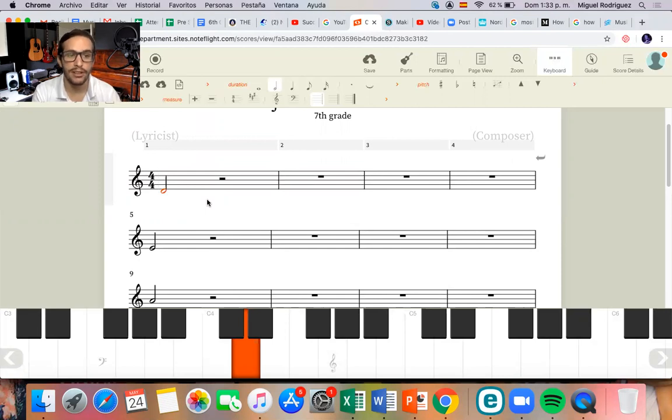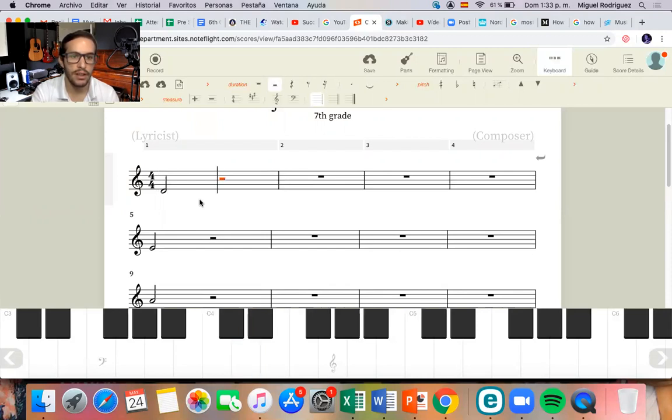If you don't know the names of the notes in the staff, please review them before this because it's going to be difficult for you, okay? So this is D. So what you first need to do is simply write all the notes, and then we're going to put the sharps or flats if they need them.